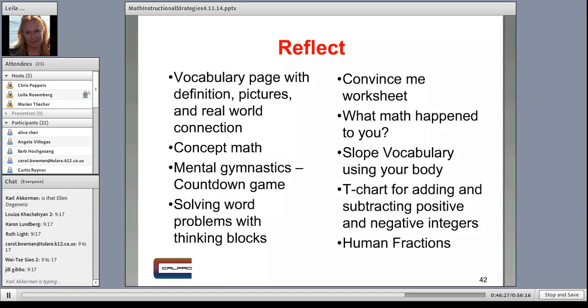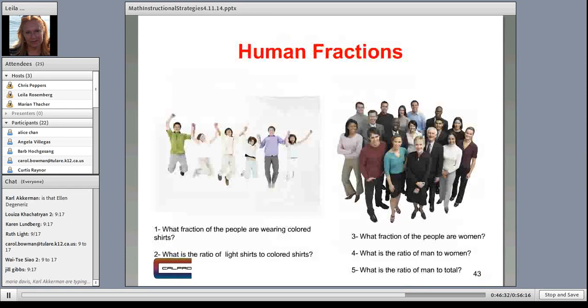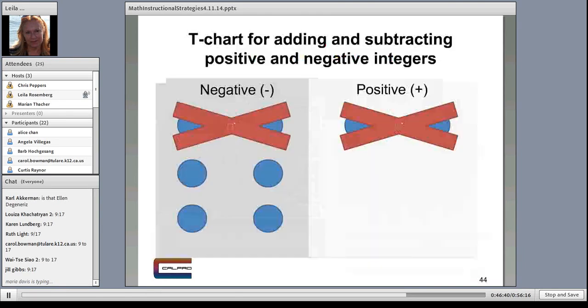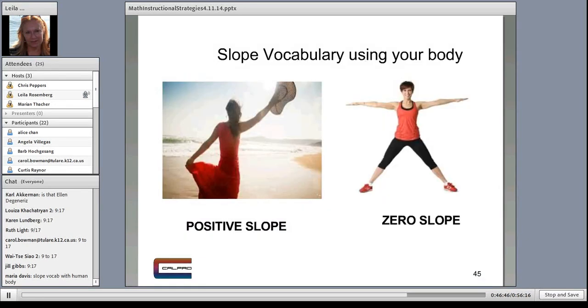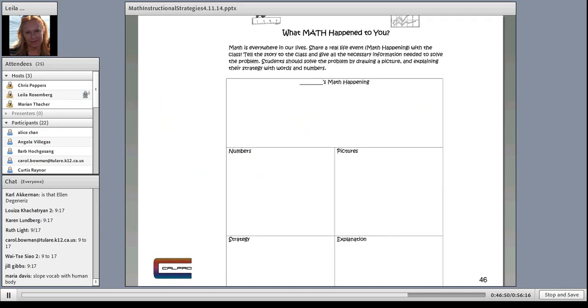Just to give you a little refresher, I'm going to go fast through the slides that I showed you. There are 9 strategies. We just did the human fractions. We went through the T-chart for adding and subtracting positive and negative integers. I showed you how to show slopes using your body.